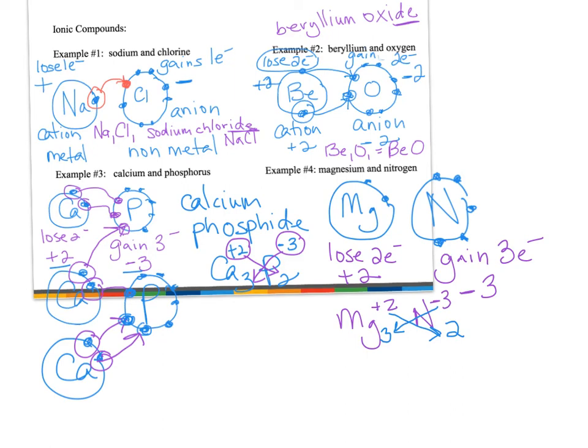So that means it takes 3 magnesiums and 2 nitrogens to create magnesium nitride. So it looks like that, and then we call that magnesium nitride. So we keep the full name of the metal, and then nitrogen becomes nitride, that -ide ending, because it's an ionic compound.